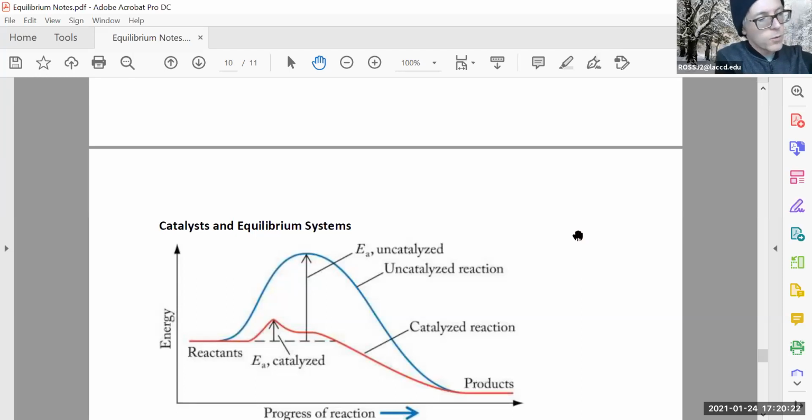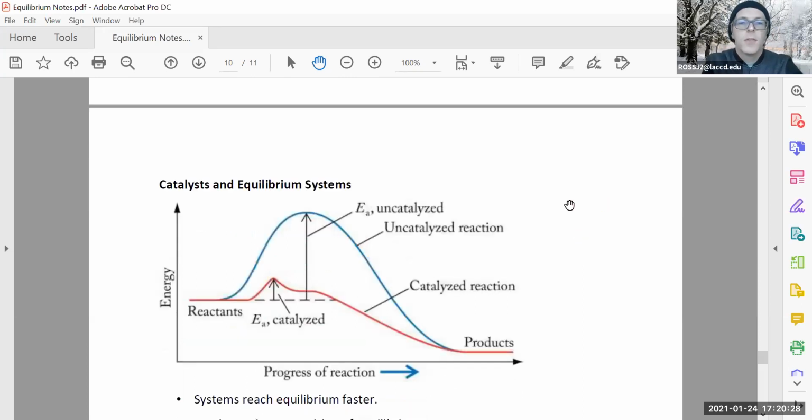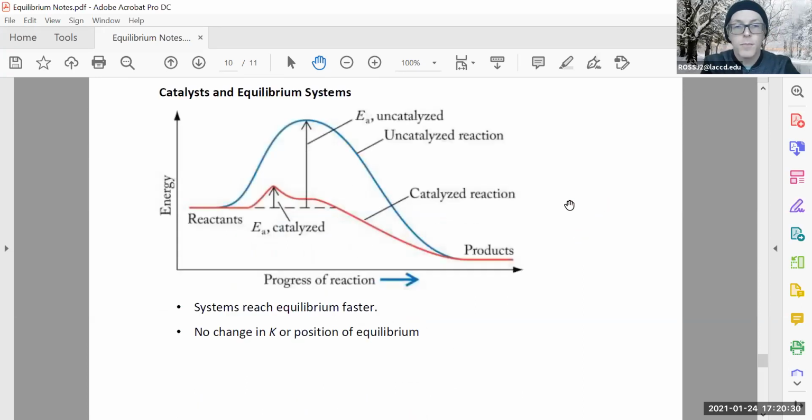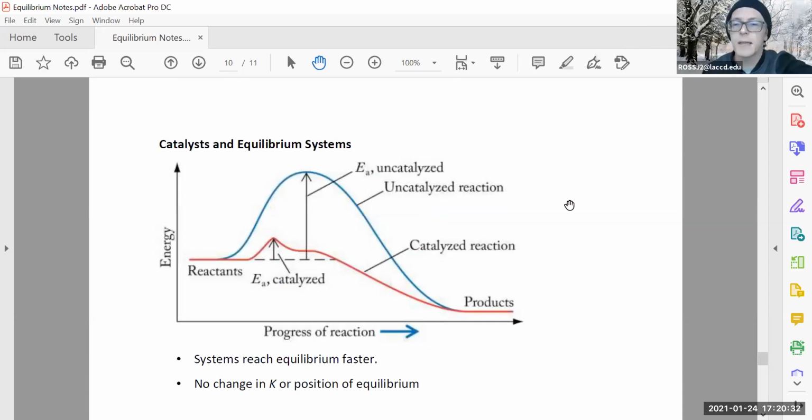So I think we're moving towards the last couple of things. Yeah, this is the last couple of pages in this video. The effect of a catalyst on equilibrium. So we said in the previous kinetics videos that catalysts can alter the rate of a chemical process by altering the activation energy.